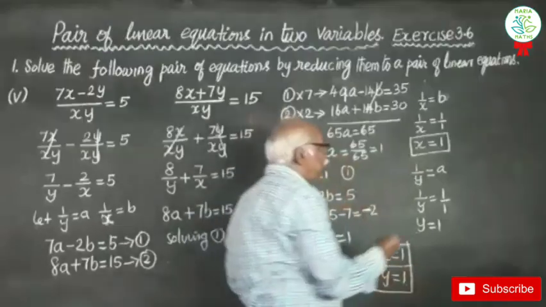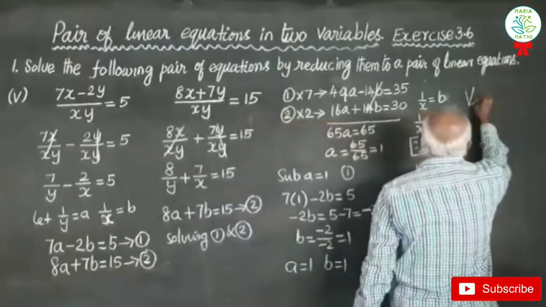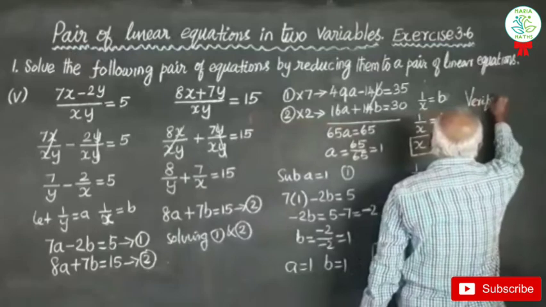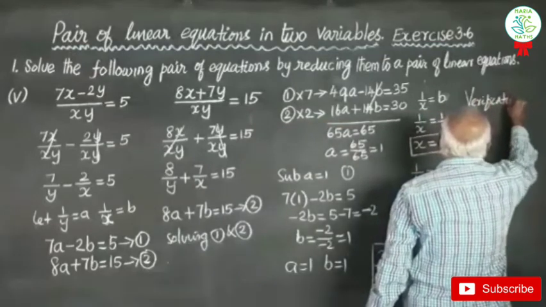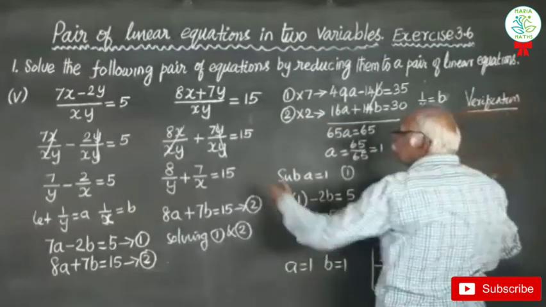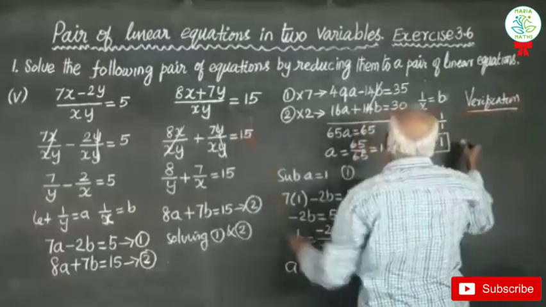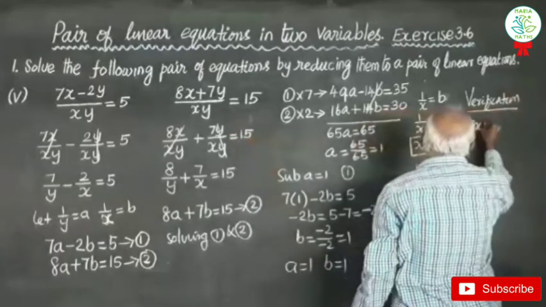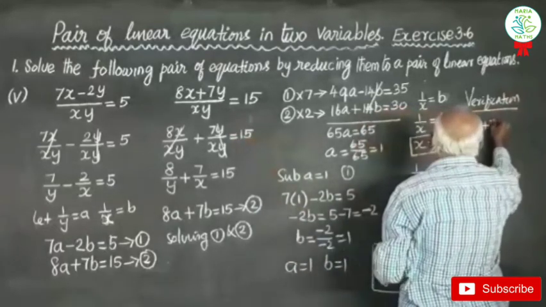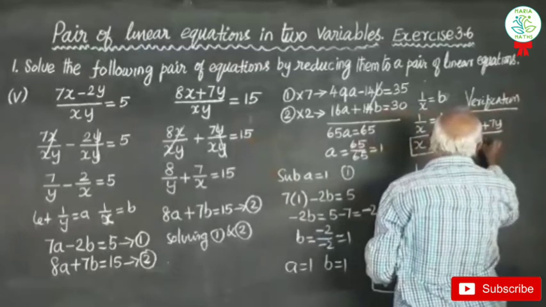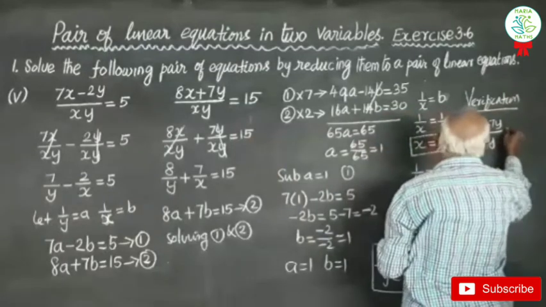Now verification. Take any one equation. Second equation: 8x plus 7y by xy equal to 50.